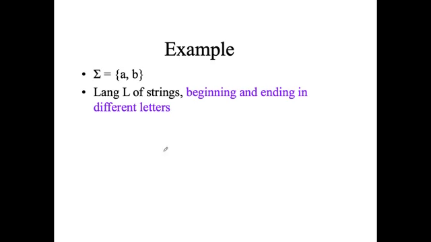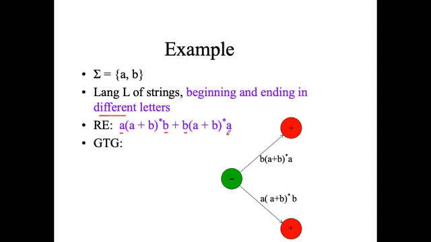This was another example, beginning and ending in different letters. So beginning with A, ending with B, beginning with B, ending with A. So this is one, beginning with B, ending with A, beginning with A, ending with B. It's a simple GTG.